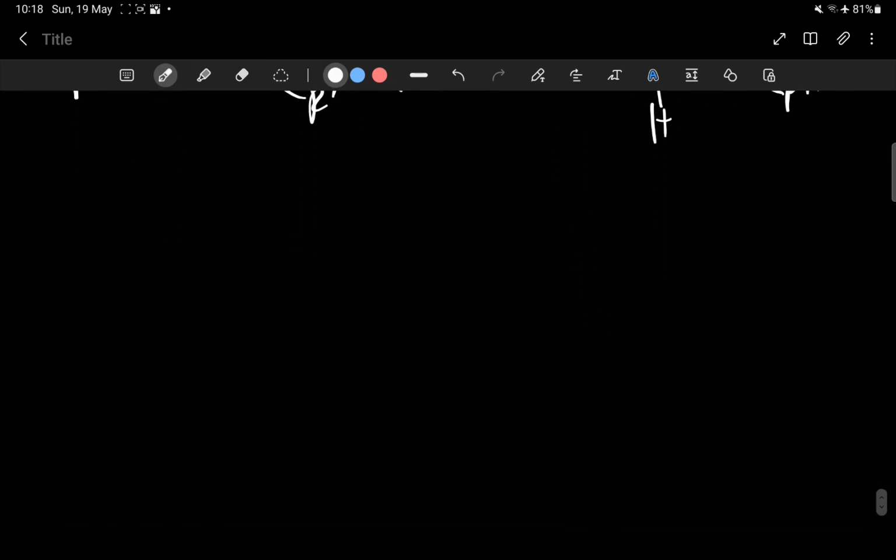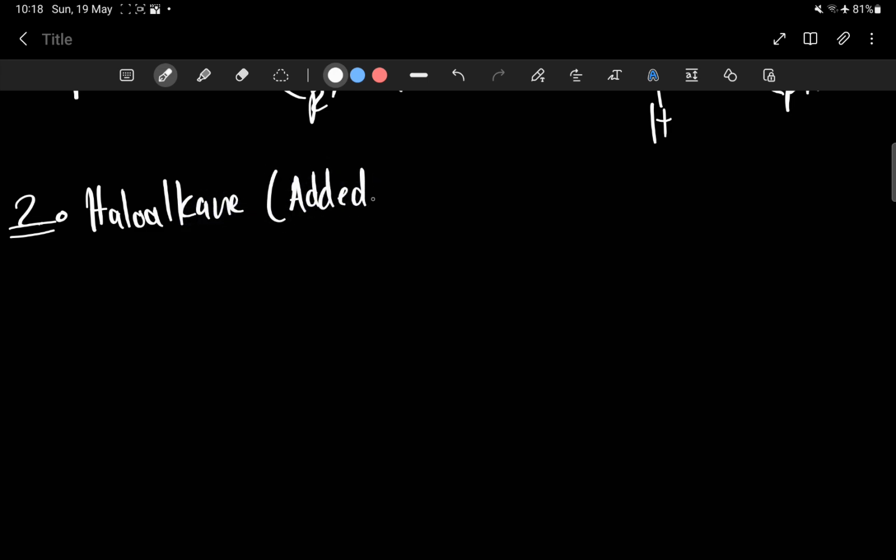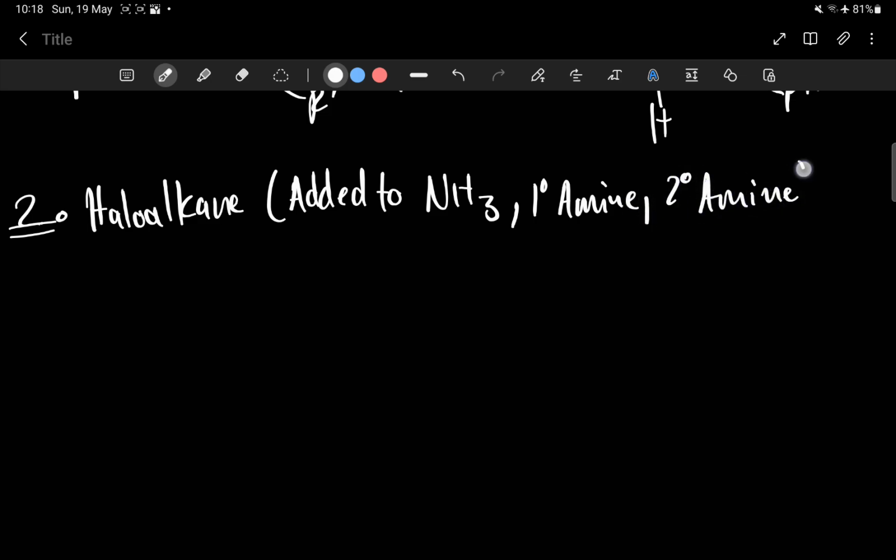Now the second way is where you add haloalkane. When you add haloalkane to ammonia or a primary amine or a secondary amine, you are going to get an amine again.